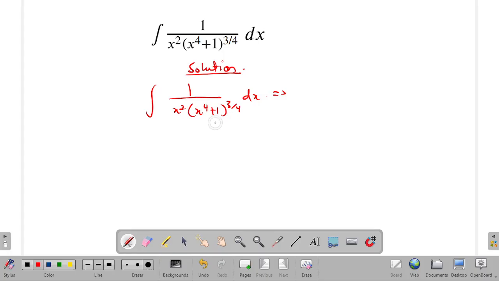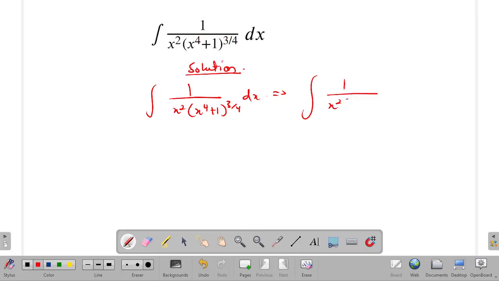And for this type of integration, factorize x to get just a single x outside there. So here, we are simply going to factorize x to the power 4 outside. So I'm going to have something like the integral of 1 over x squared, then I want to factorize x to the power 4 here.